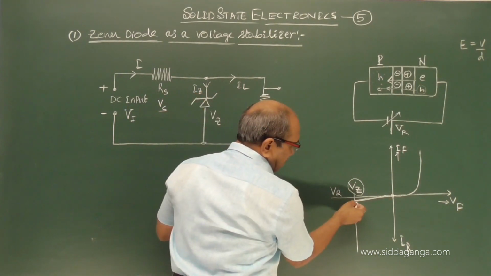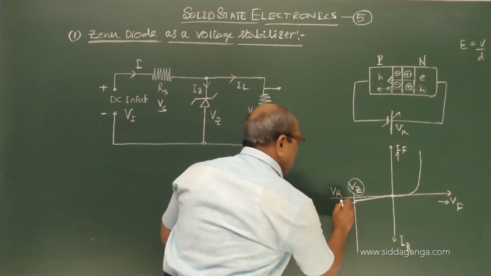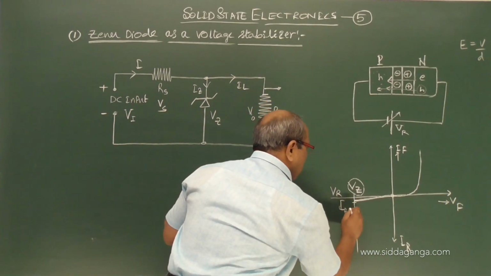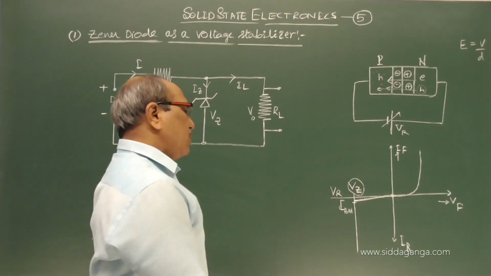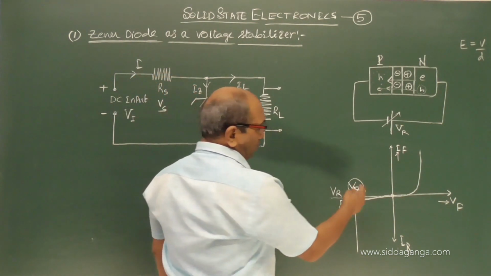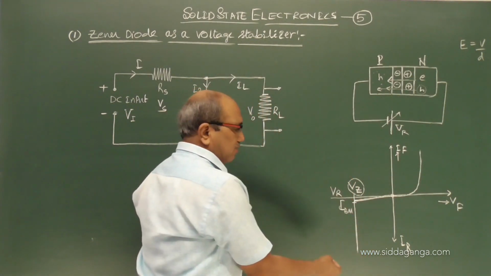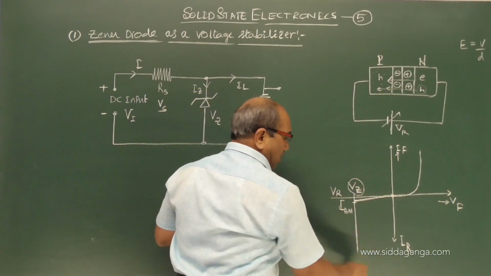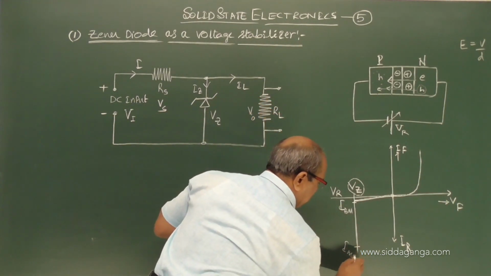The particular current at which this occurs along with the voltage is called the Zener breakdown minimum current. Minimum current, breakdown minimum current, and it cannot be any value. It may be in microamps or nanoamperes, but it cannot be very large. There is a limit, I maximum of the breakdown.